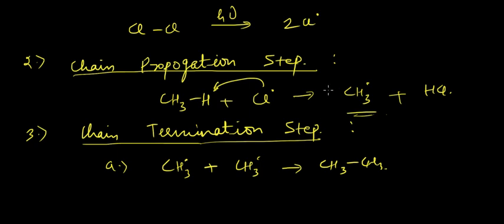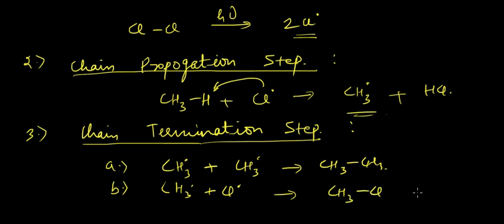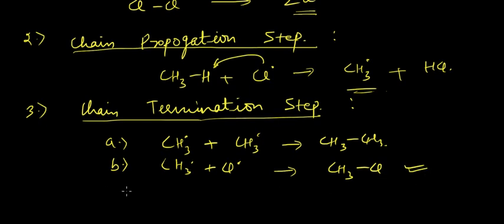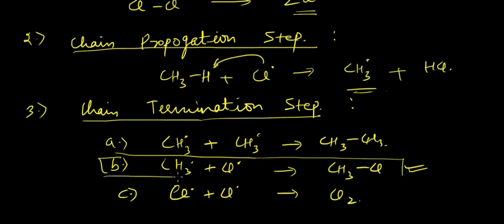It can also combine with Cl free radical to form this, and Cl can also form Cl2. So this is the major product of this reaction which we were looking for. Hence, by this, halogenation of alkane is done.